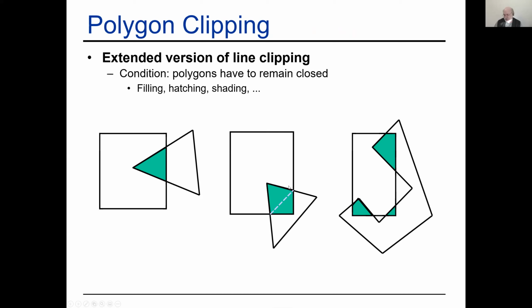So if we clip that triangle against this screen, then of course I need to fill the entire green part, right? This is simple in the left case, because it's only with respect to one edge. But on the right-hand side, you see that things can get much more complex. For complex polygons, you might actually have to fill disjoint parts, right?